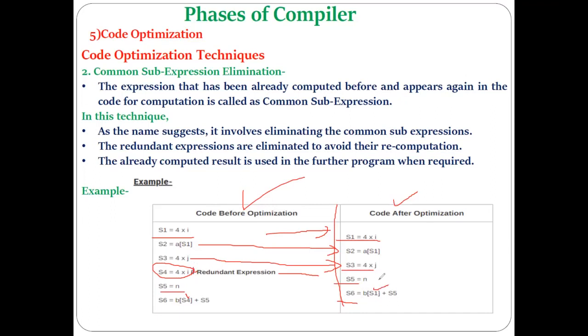Understood? Instead of writing s1 equal to 4 into i and s4 equal to 4 into i two times, the compiler will simply write it once. And instead of using s4, the compiler will replace it with s1.